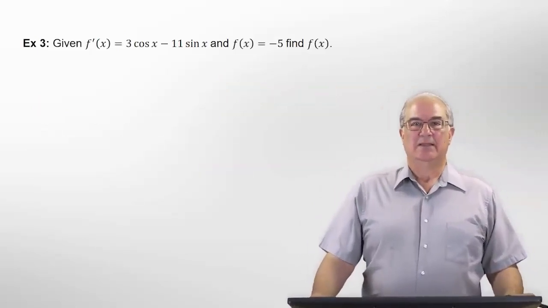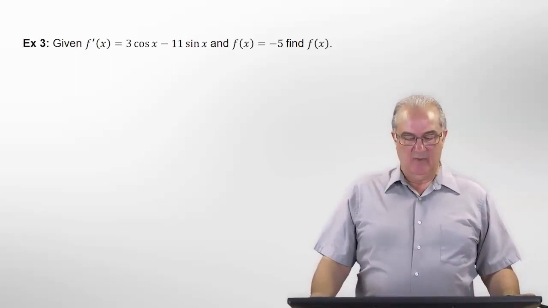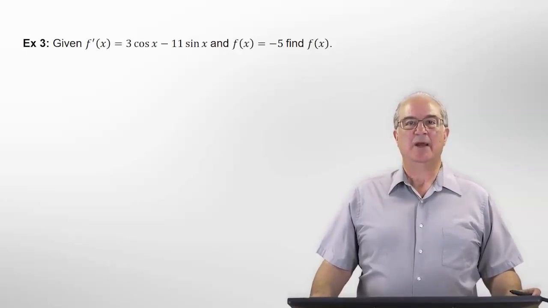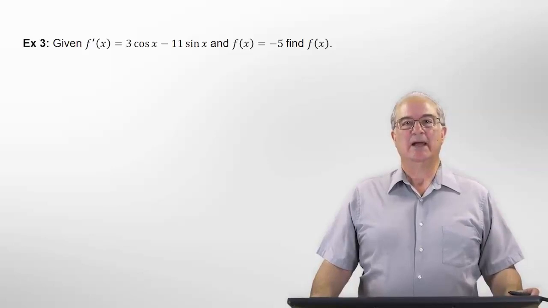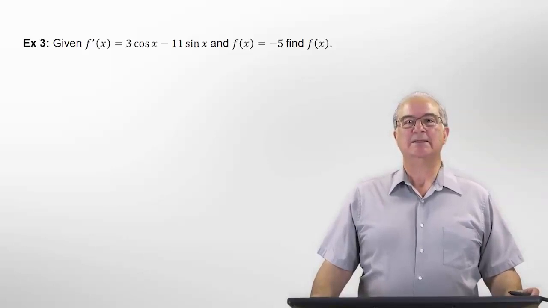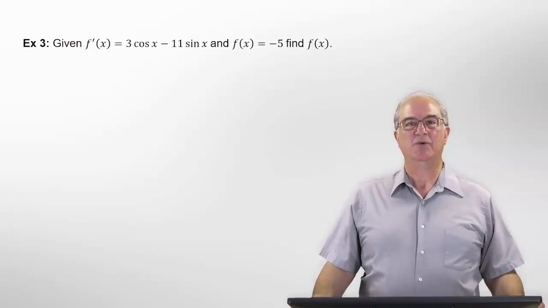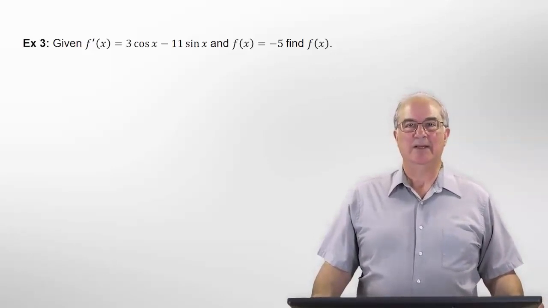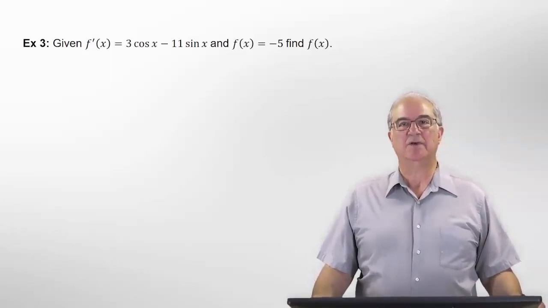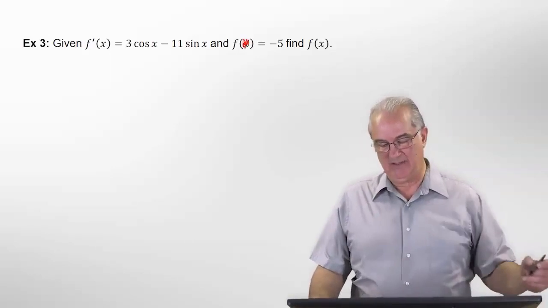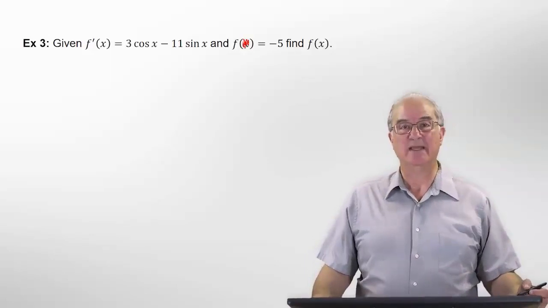So let's take a look at one more example. We are given a derivative function which is f prime of x equal 3 cosine x minus 11 sine x, and then we are given a value for lowercase f, the function we are trying to find, but we are not told where, so we needed to actually have a point at which the value is minus 5.